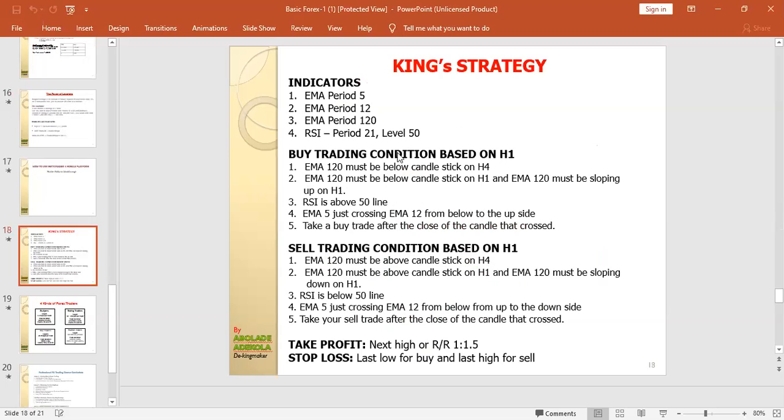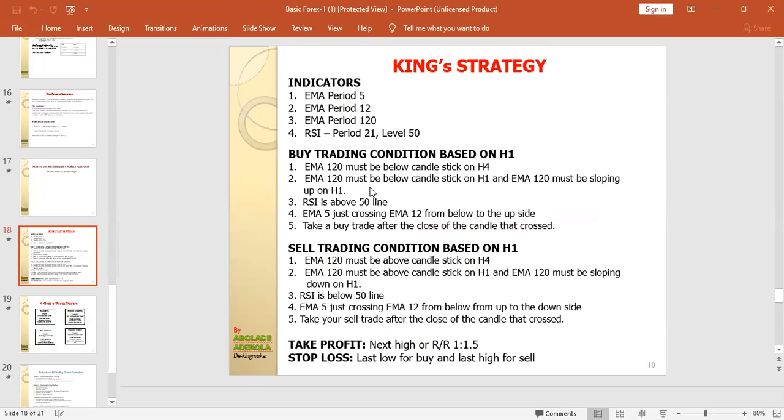Now, you want to take your time to study this strategy. By virtue of this strategy, to the glory of God, we have been using this strategy for over 18 months now, and the strategy has been optimized 3 times in the last 18 months.